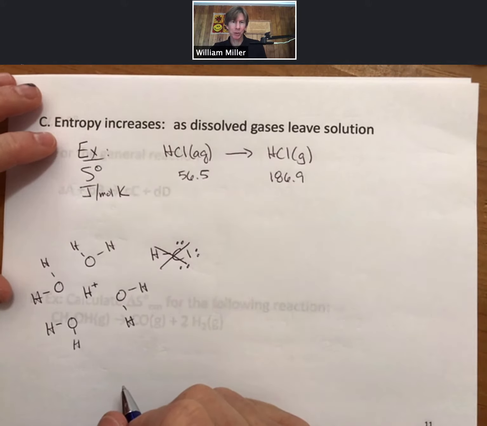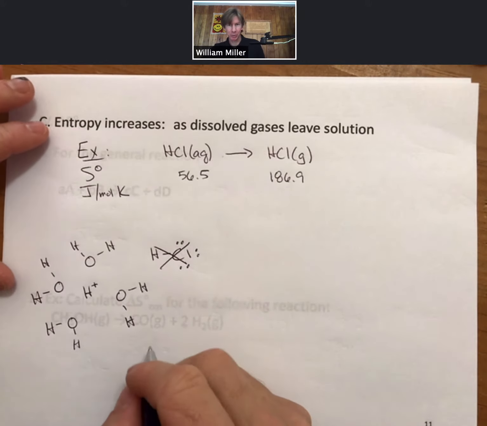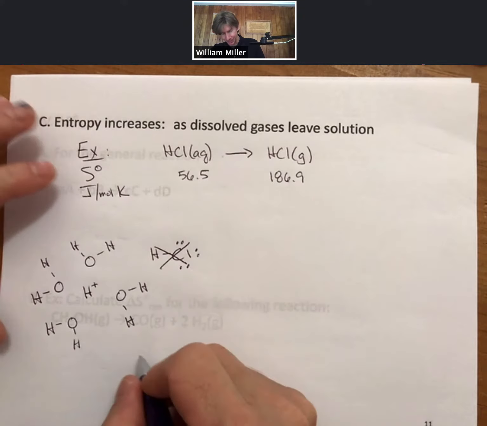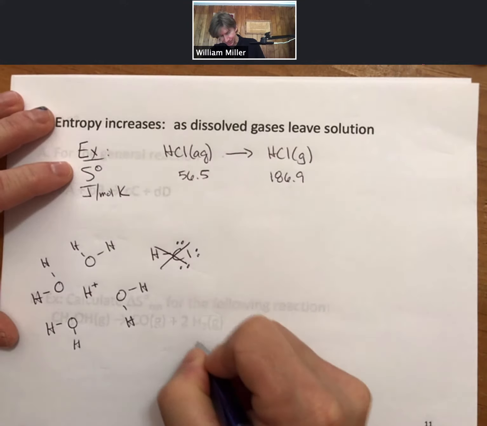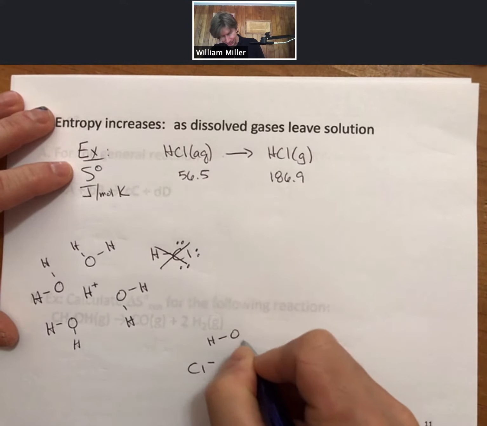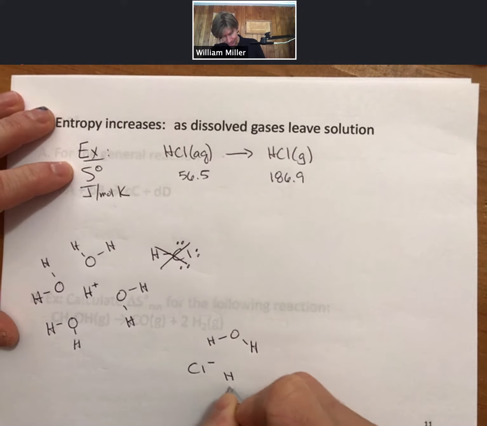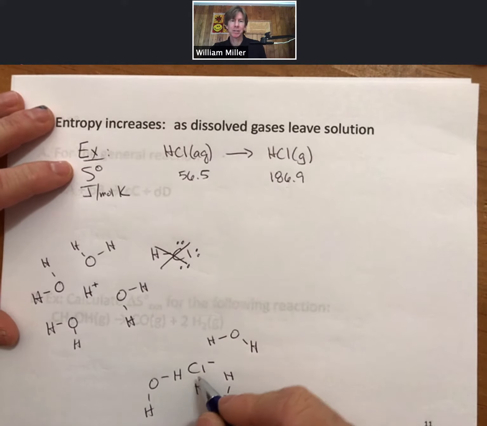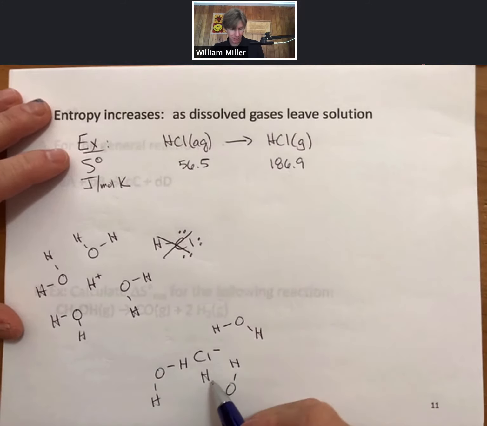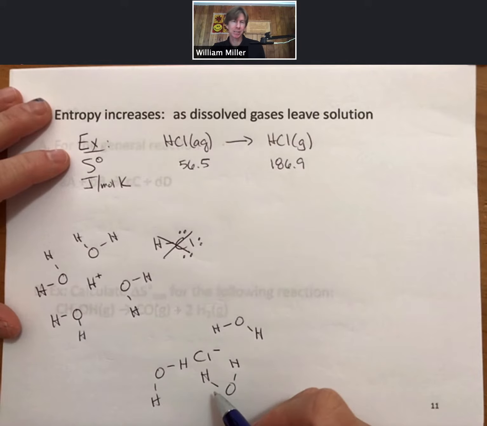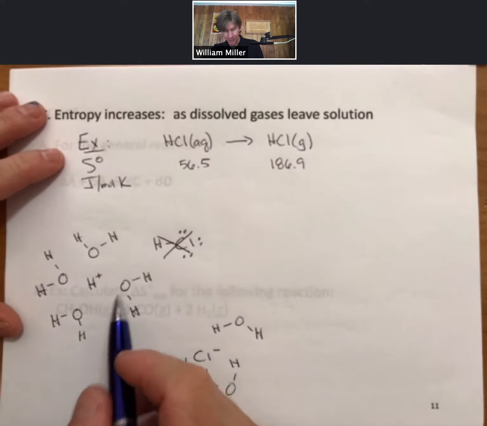The picture gets more complicated from there, but we'll stick with it for hydrogen there. Our chloride, the Cl minus, would be closer to the hydrogen portions of the water molecule, since the hydrogen portions are positive.